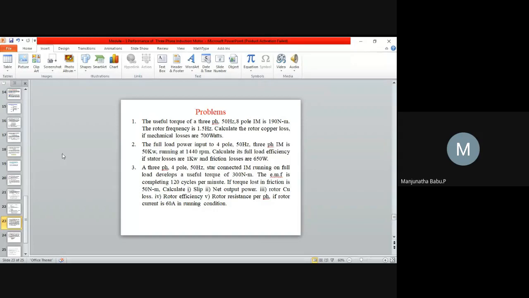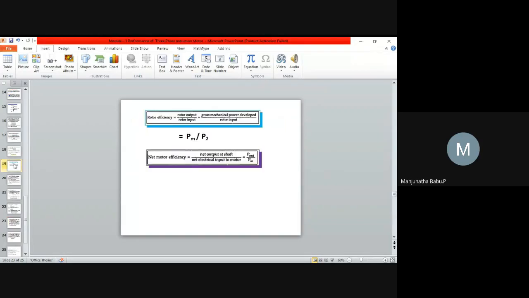Now the net motor efficiency is equal to output power divided by input power. Input we know is 50 kilowatts, so we have to find the output power.